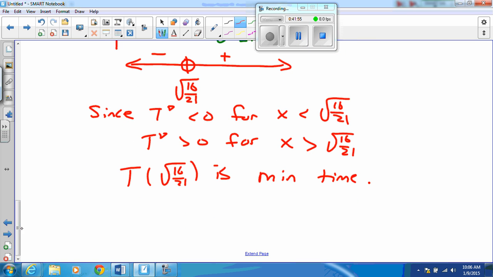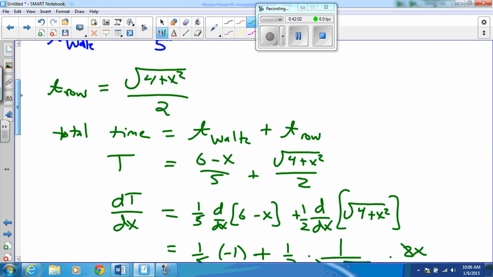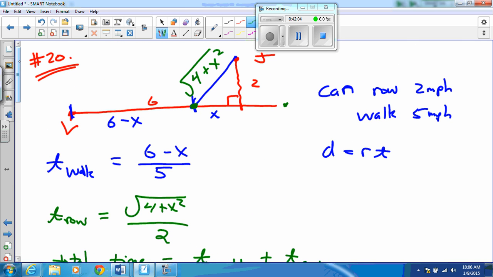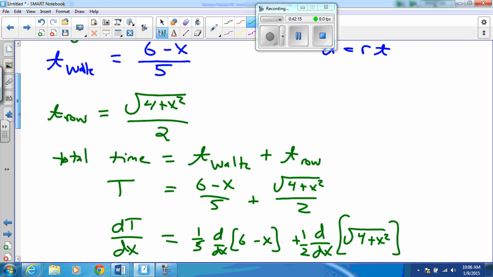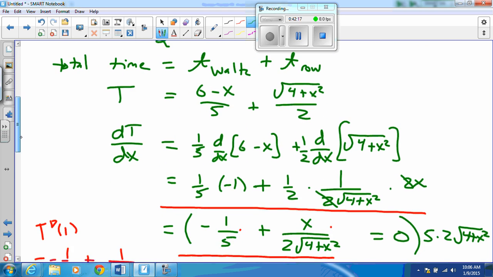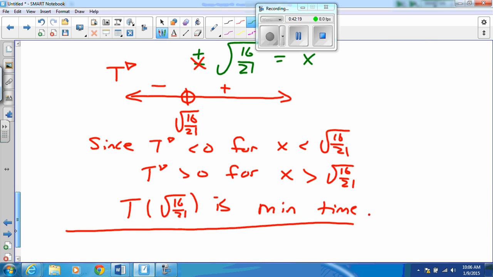And that's that. The alternative, which might be nice, would be to do a critical points and endpoints argument instead of a sign of t prime argument. And so we need to establish a domain for the problem. If we go back to the original diagram, I think it's pretty clear that 0 is a reasonable smallest value for x, and 6 is a reasonable largest value for x.